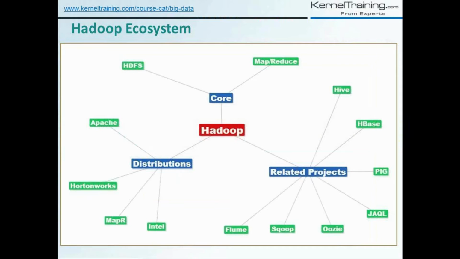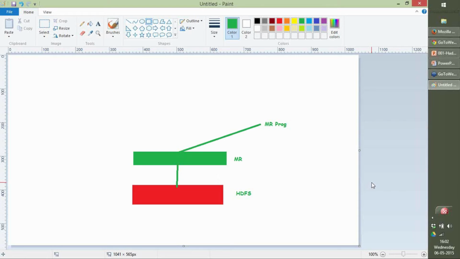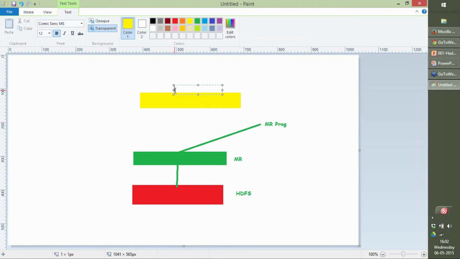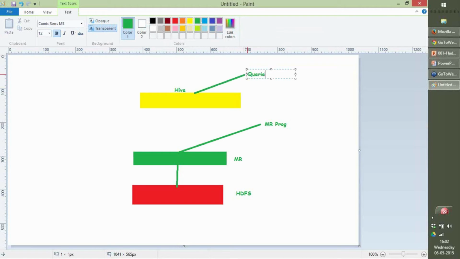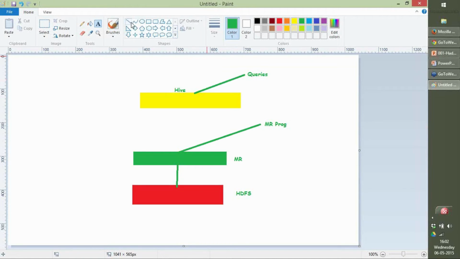But if we have Hive, Pig, or any of these SQL-like projects, let's say this is Hive. As I told, it is a SQL-like technology, so I will be writing queries in SQL. These queries will be converted directly into MapReduce programs. This is how Hive works, and the same way Pig, the same way Jockey.